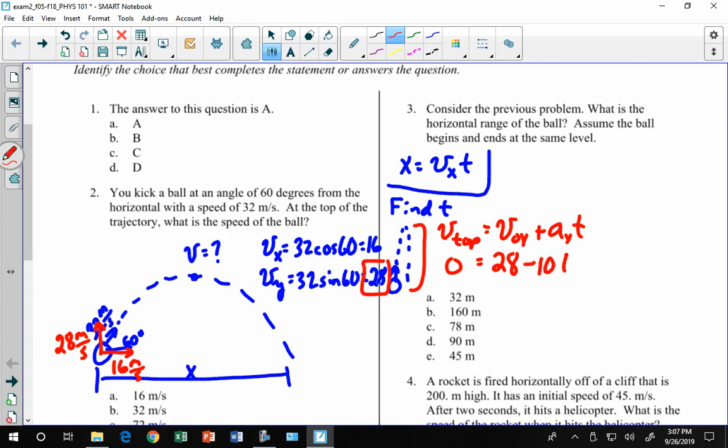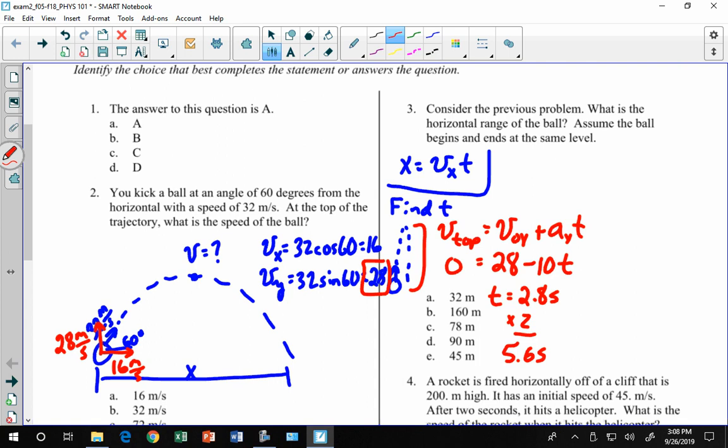Minus 10 times t. And then I solve that for t. Subtract 28 from both sides. Divide both sides by -10. So t is equal to 2.8 seconds. That's my time. But that's the time to get to the top. So really the total time is times 2, or 5.6 seconds.